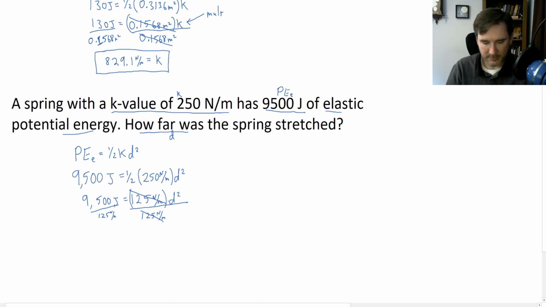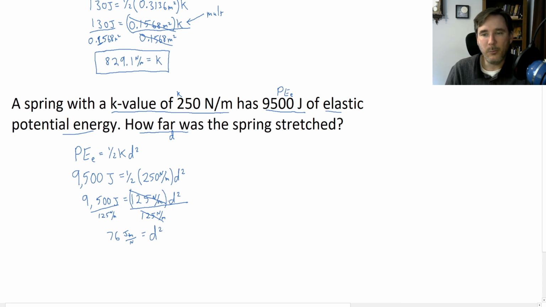So I'm going to take 9,500 divided by 125. And that leaves me with 76. And it's going to be joules per newton meter. It's going to be a whole crazy mess. And again, do with it what you can at this point. We're just starting out, so it'll come to you.